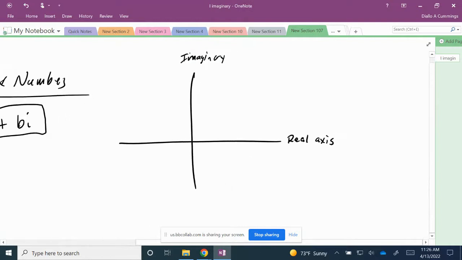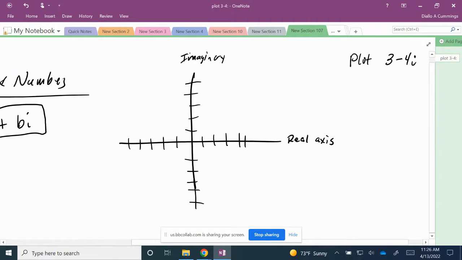So for example, if you were asked to plot 3 minus 4i, I'm just going to go out to 5 in all directions.